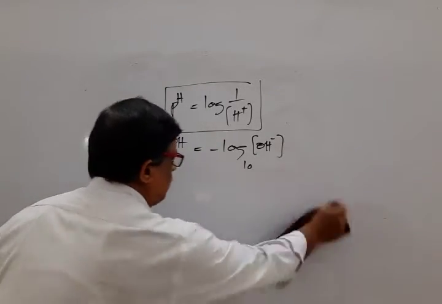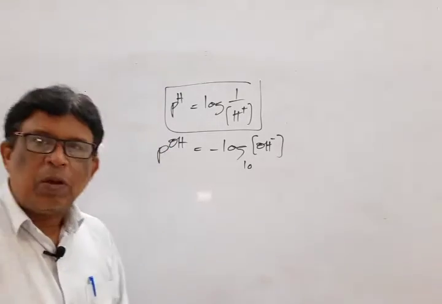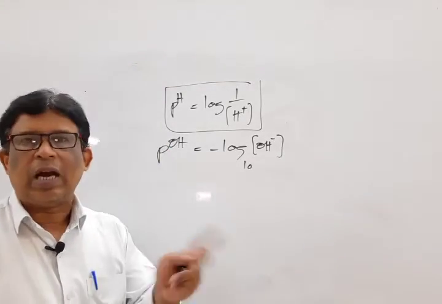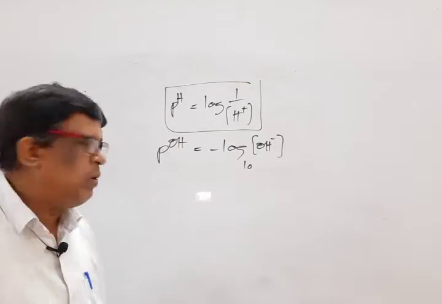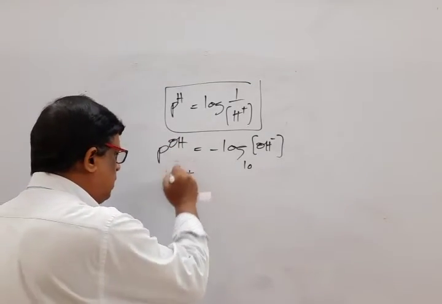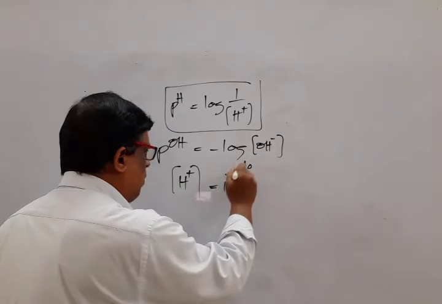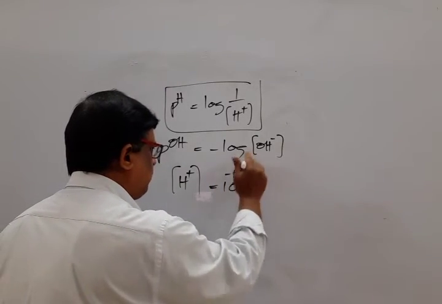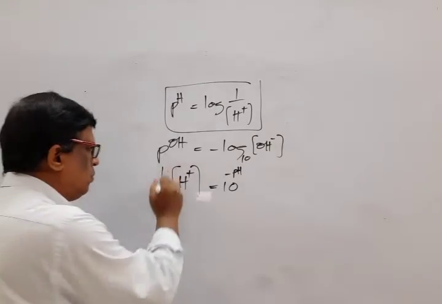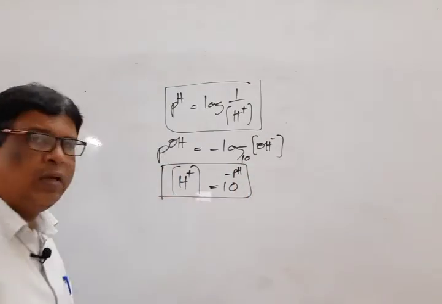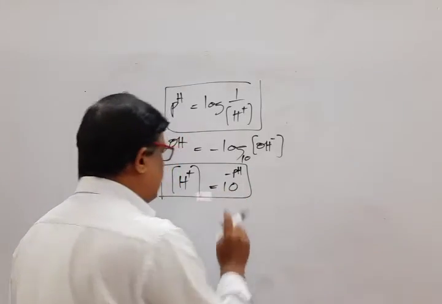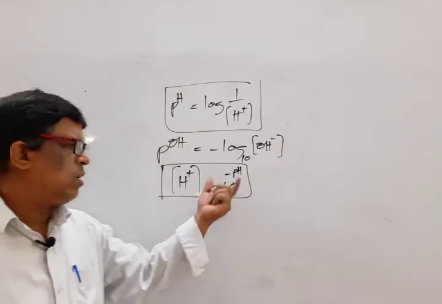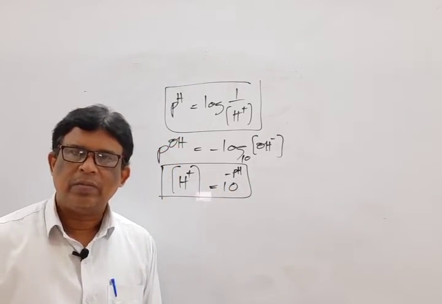That means if H plus ion concentration is given, then we calculate pH by this formula. If pH is given, then we calculate H plus ion concentration is equal to 10 to the power minus pH. Similarly, OH minus ion concentration is equal to 10 to the power minus pOH.